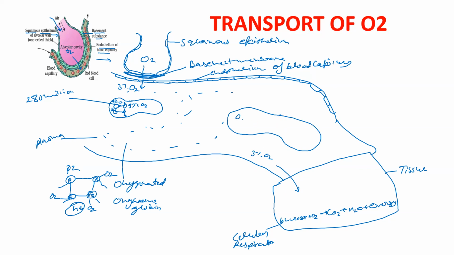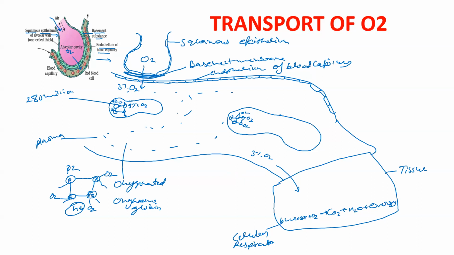So for that, what happens? This hemoglobin has the 97% oxygen, but hemoglobin doesn't lose oxygen easily to the tissues or cells of the body. It requires some other factor rather than the concentration gradient. So what are these other factors?